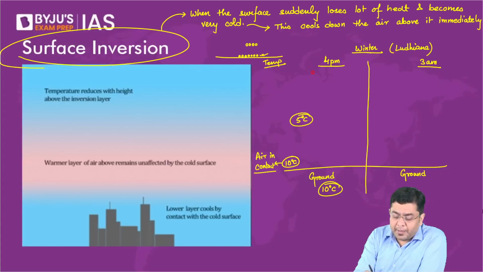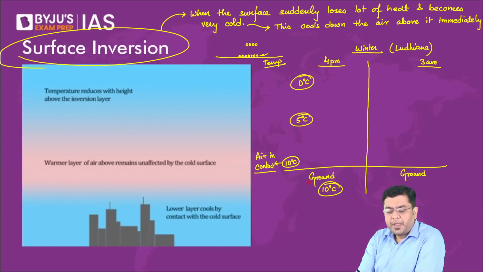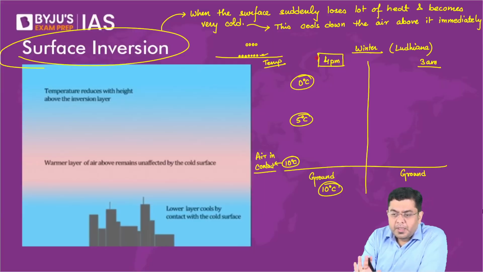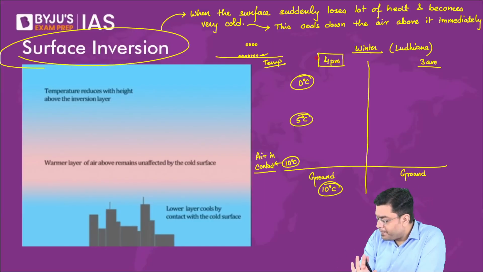As you move further higher up, let's suppose the temperature has reduced to 0 degrees Celsius. This is at 4 p.m. Till here, are we comfortable? Right? Perfect. What is the issue, Roshan? Till here, I hope we are comfortable.